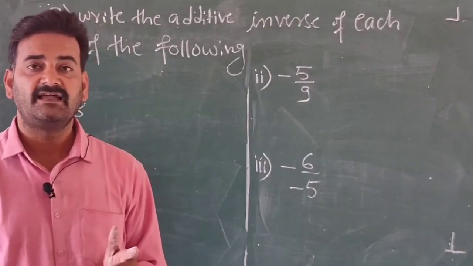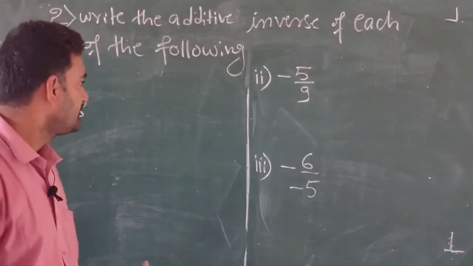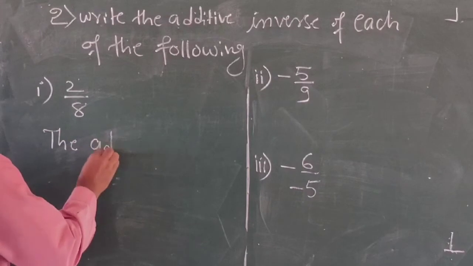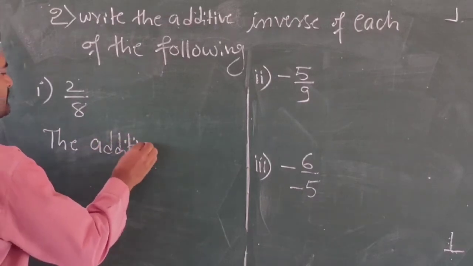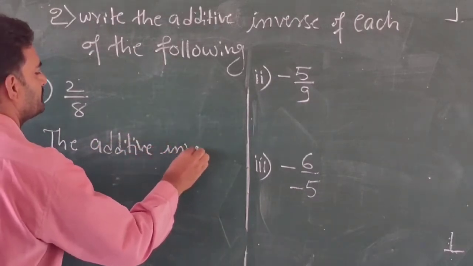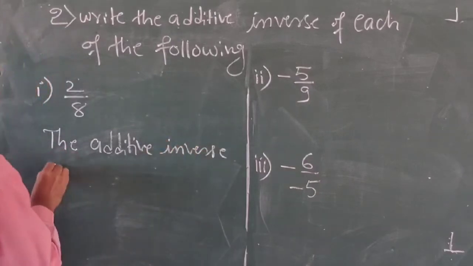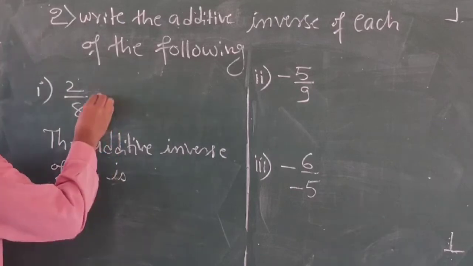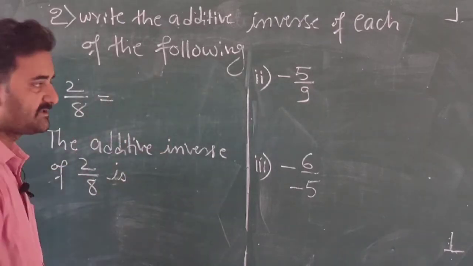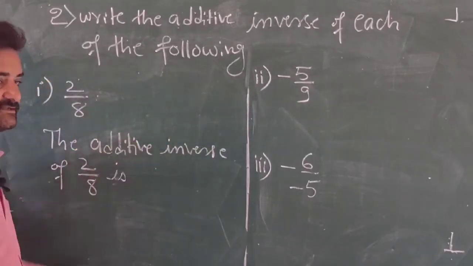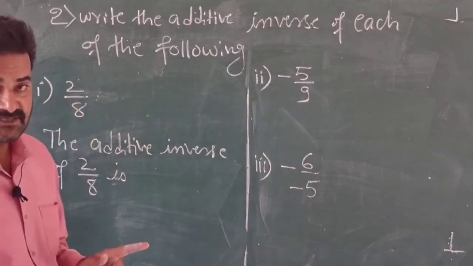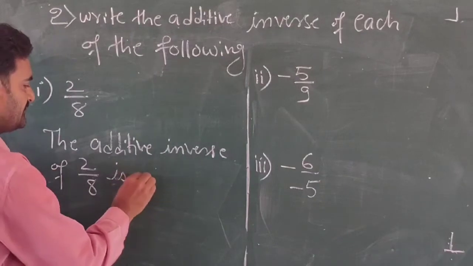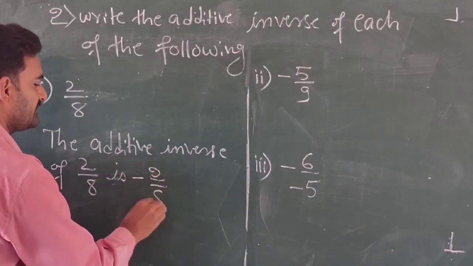Now the additive inverse of 2 by 8 is, don't write "is equal to" and the answer. That is not the right way in mathematics, because we are going to write the additive inverse. So the additive inverse is the reverse of this, that is minus 2 by 8.